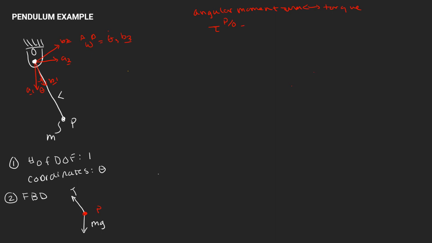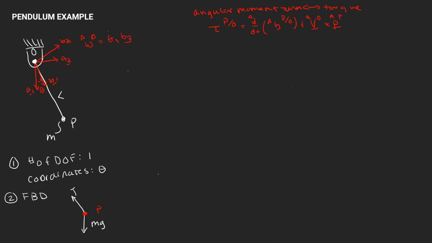And so the torque of point P about O is equal to the derivative of our angular momentum of P about O plus the velocity of point O in frame A cross with the linear momentum of point P in frame A.